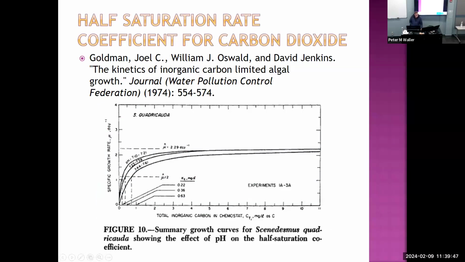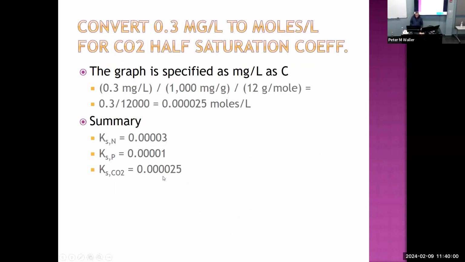Okay, so I found this paper with a half saturation rate coefficient for carbon dioxide, and it is in the same range as that for nitrogen and phosphorus. So it's 0.000025. The difference is not the rate at which the growth starts decreasing.